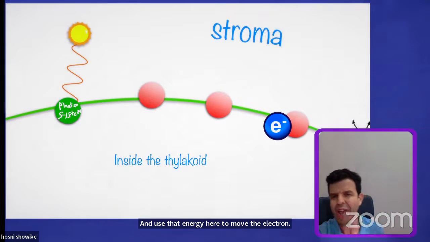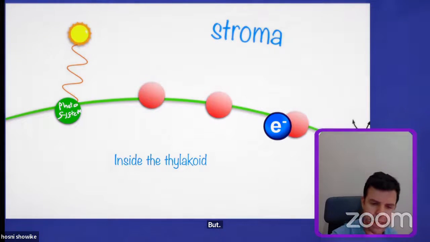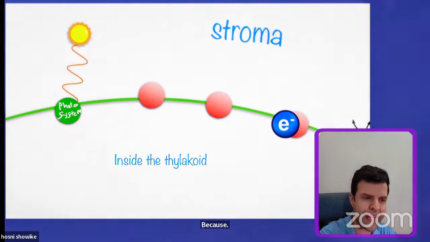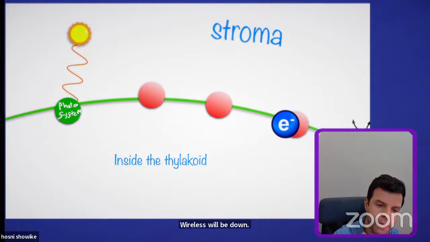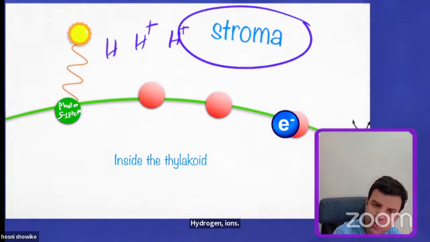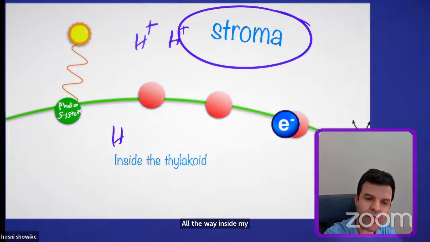But while this electron is moving down, it's not wasting any energy. How? Because while it's moving down, I'll be using that energy to pump hydrogen ions from where to where? From the stroma all the way inside the thylakoid space.